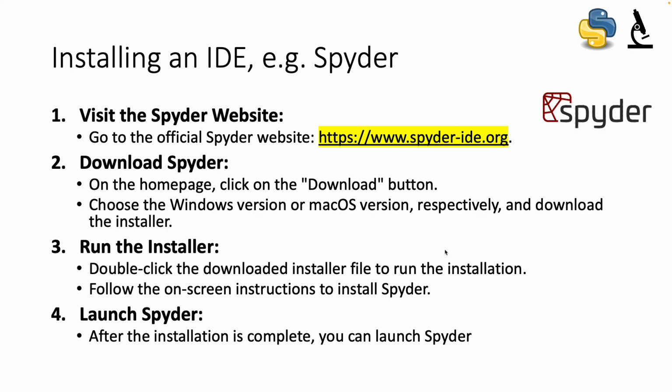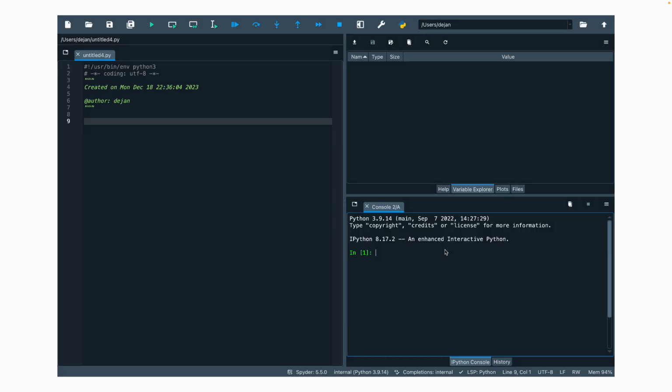After launching Spyder, you will see the start interface of the program. So we have three main areas. In the first area, you can find the actual code. In the second area, you can, for example, explore variables, but also plots, and have a look at your file system on your computer.